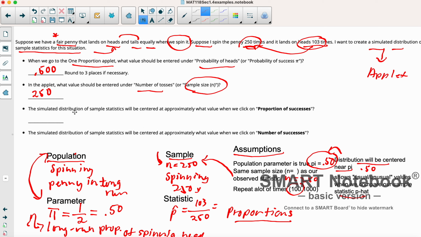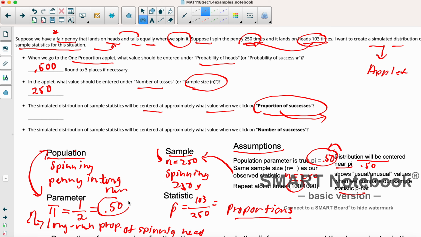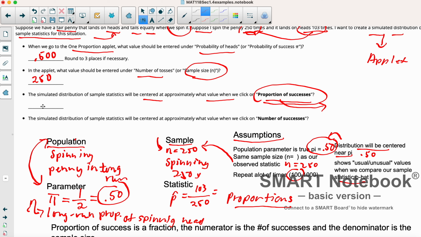And then the simulated distribution of sample statistics is going to be centered approximately at what value when we collect proportion of success? What it shows here is not a fraction, it shows the decimal form. So it's going to be approximately equal to 0.5.